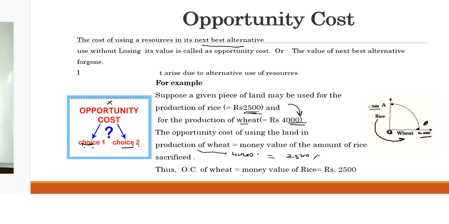So the opportunity cost of 4,000 worth of wheat will be equal to the money value of rice, because you have foregone this. You have transformed resources. Transform means transferred resources from rice to wheat.